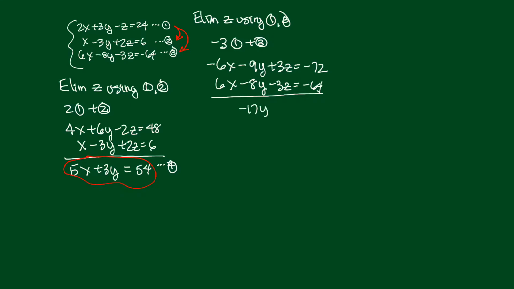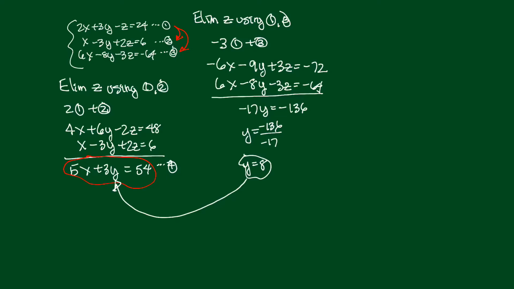Add these together, it looks like the x's are gone, the z's are gone. Negative 17y is equal to negative 136. So y is negative 136 over negative 17. And that turns out to be an 8. So I've got y. Okay, now you know what? Why don't you just come right back here and put that y right in there?